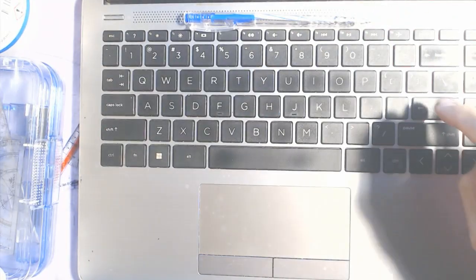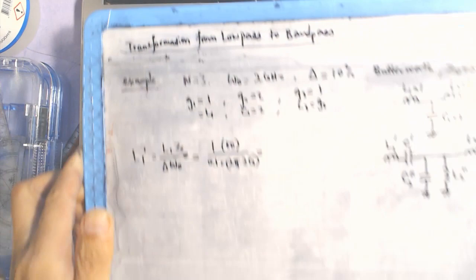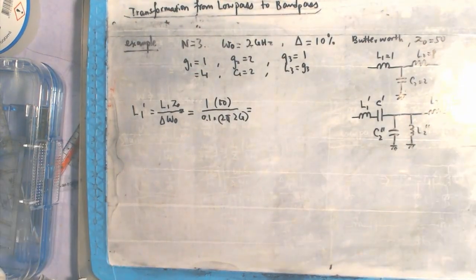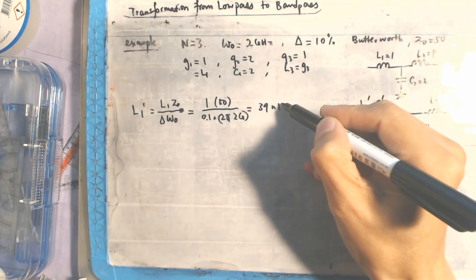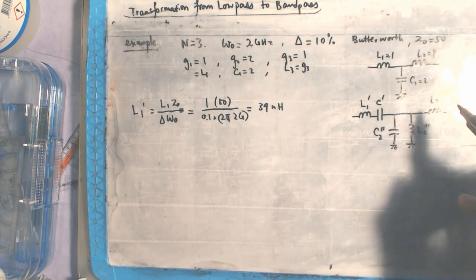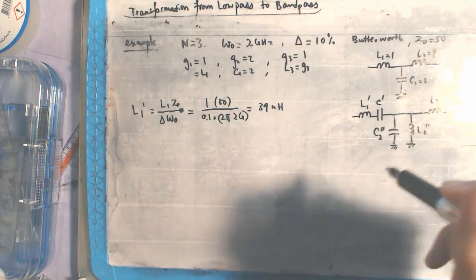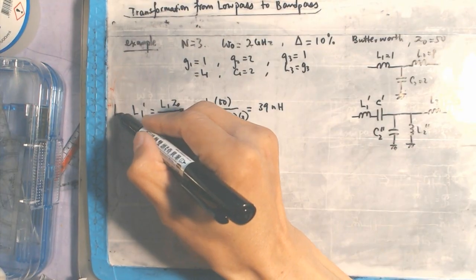So I got 39 nanohenry. It makes sense. And obviously, L3 will be the same, but we are not going to do anything like this. So I will just say L3 prime will be equal to this.